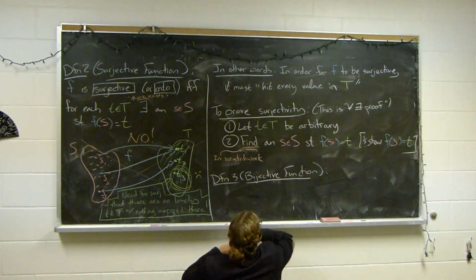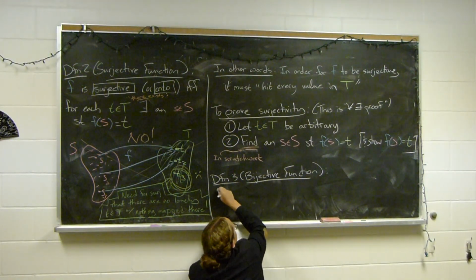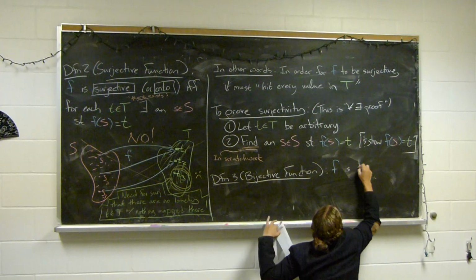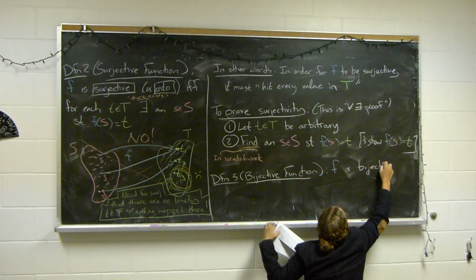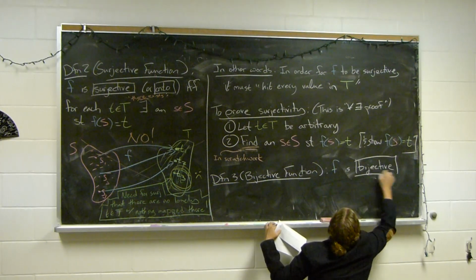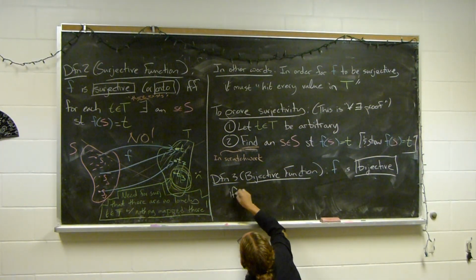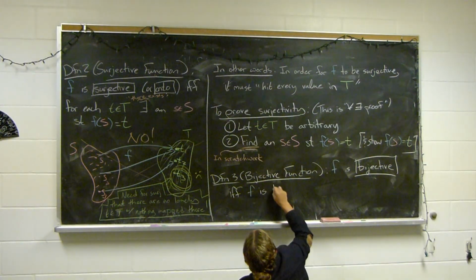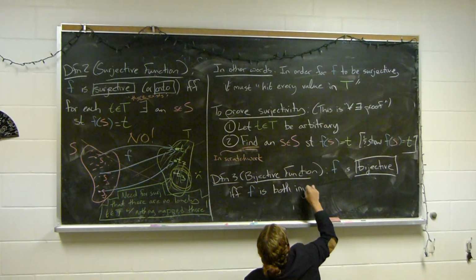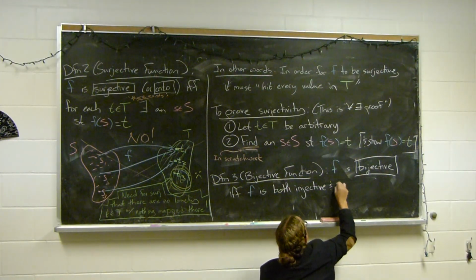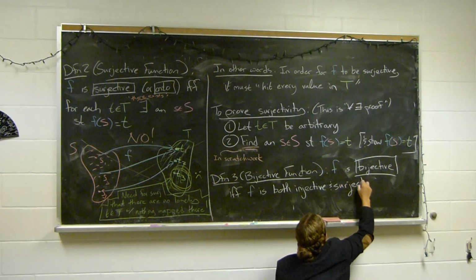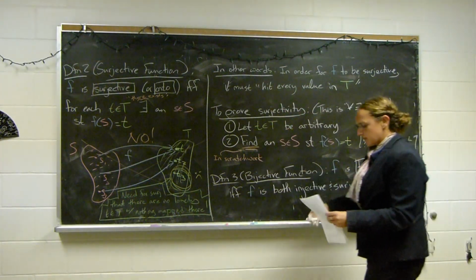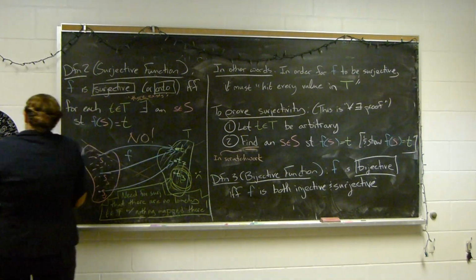We write that f is bijective if and only if f is both injective and surjective. So it has to satisfy both of these. So let's look at some examples.